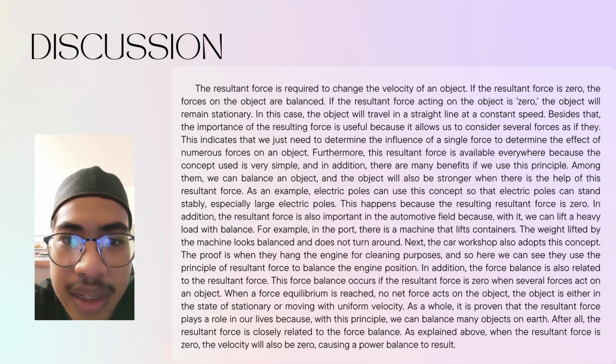Among them, we can balance an object. An object will also be stronger when there is the help of resultant force. As an example, electric poles can use this concept so that they can stand stably, especially large electric poles. This happens because the resultant force is 0. In addition, the resultant force is also important in the automotive field because with it we can lift a heavy load with balance.